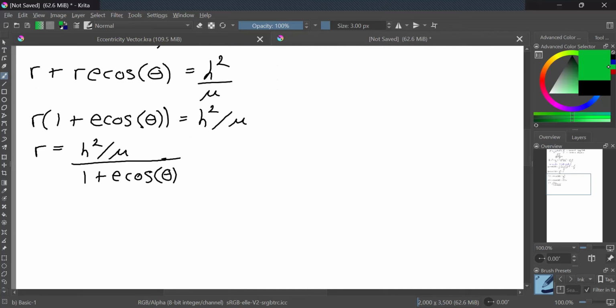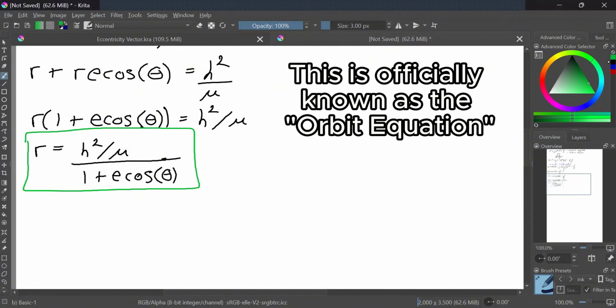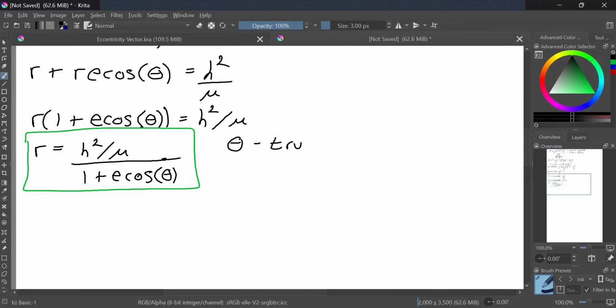That is our radius equation with respect to theta, where theta is our true anomaly angle. And that is just the name of that angle that we have decided to give it.